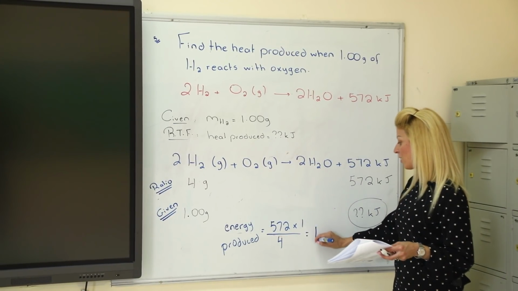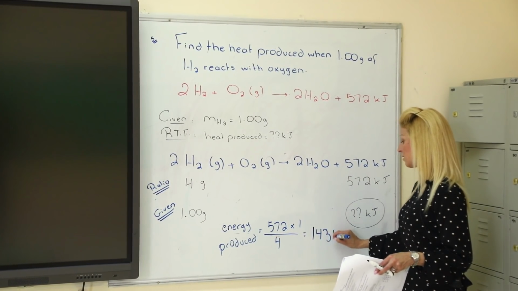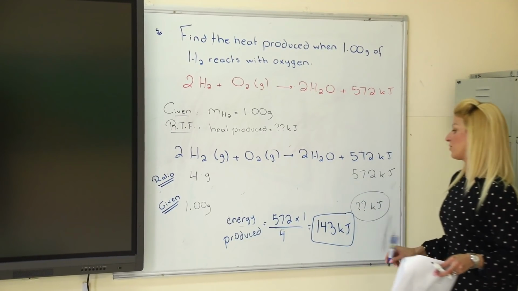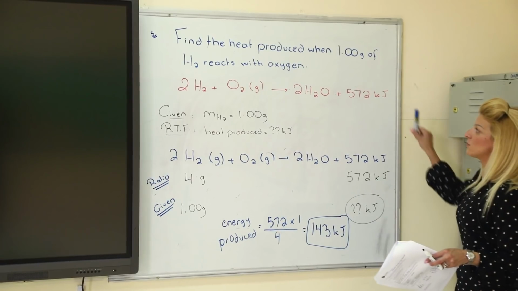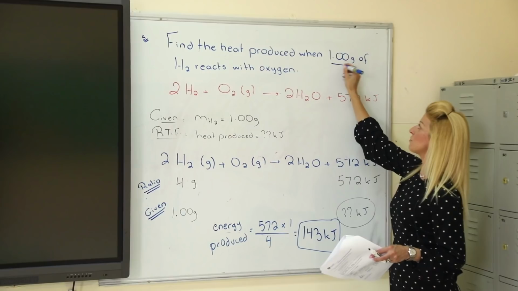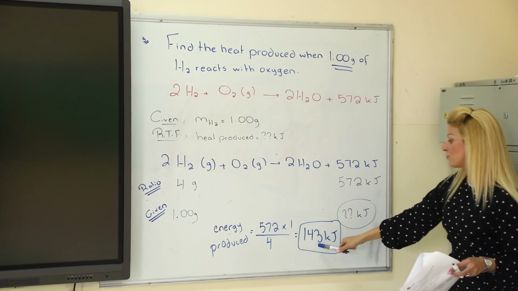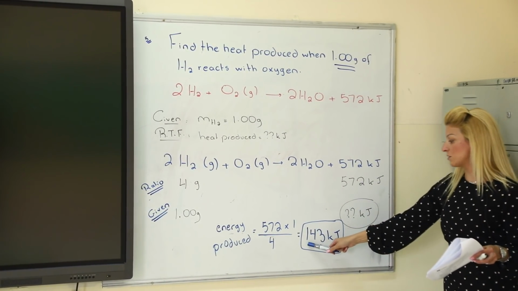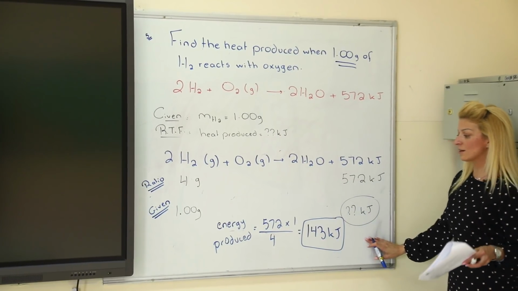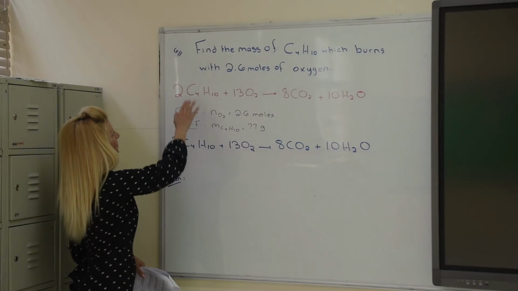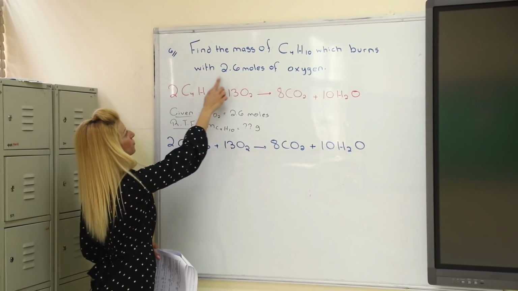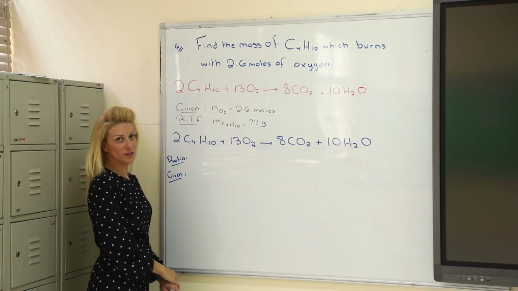You will end up with 143 kilojoules. We go back to the given and we check if it's reported to the correct number of significant figures. The given is 3 significant figures, so our final answer should be reported to 3 significant figures, which is correct. 143 kilojoules.